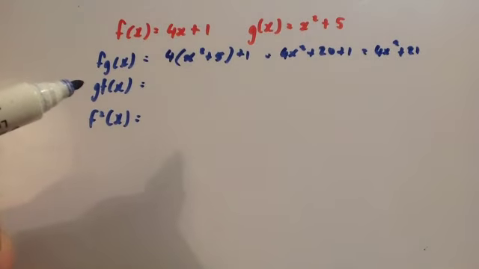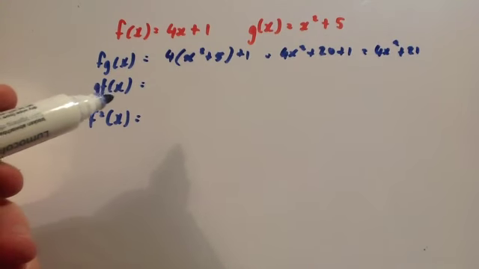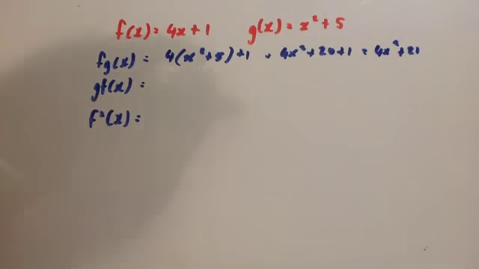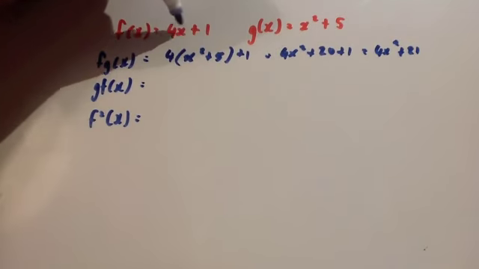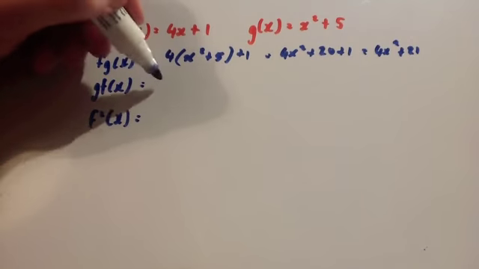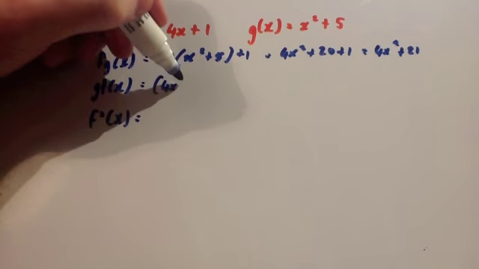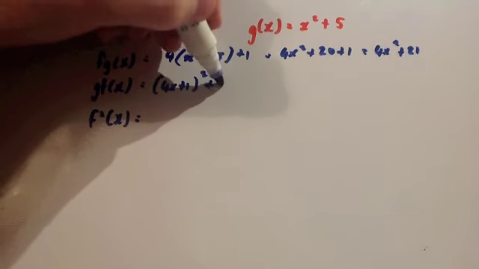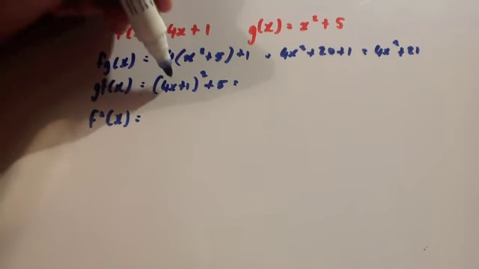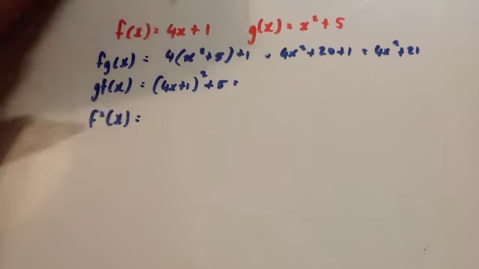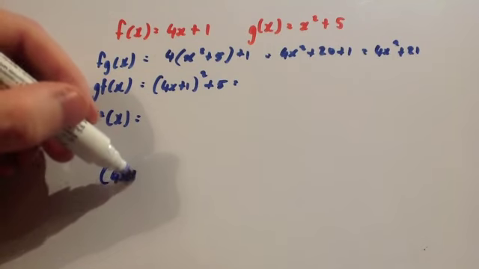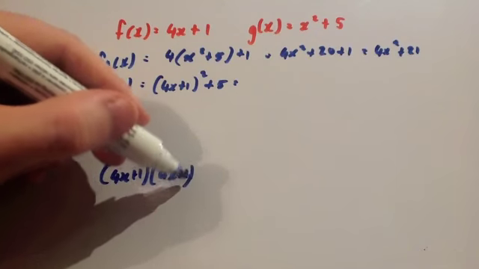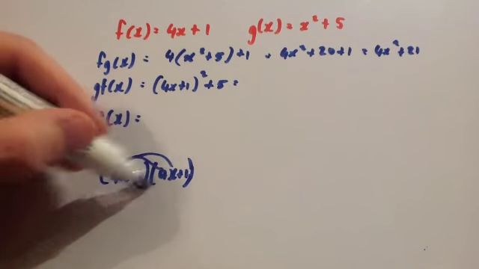Okay, the next question, you've got gf of x. So you're going to put f of x into g of x. So we're going to replace the x here with 4x plus 1. So you're going to get, in brackets, 4x plus 1, close brackets, squared, plus 5. Whenever you expand this, remember you're going to multiply it by itself, so you're going to have the bracket twice, 4x plus 1, 4x plus 1, and you'll apply FOIL to that.